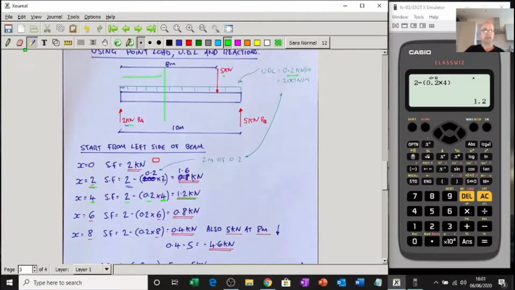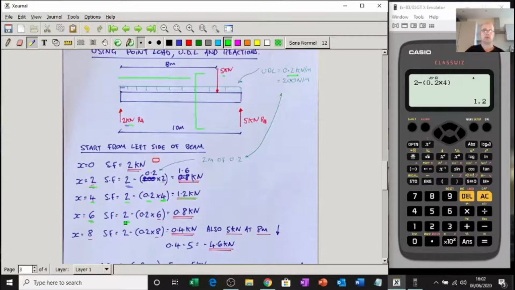X equals 6, so same thing, all that is changing really is I've got more of the UDL, so there's my 6. So ignore this side, just look at what we've got here. So we've got 6 meters worth of the UDL at 0.2 and 2 kilonewtons coming up. So there's my 6.